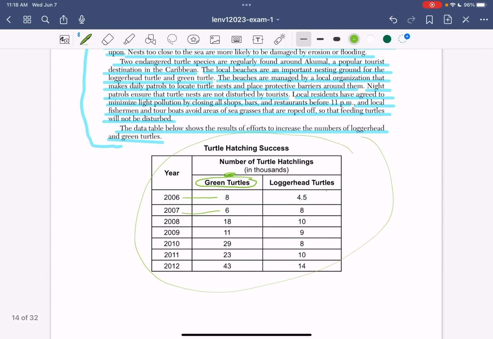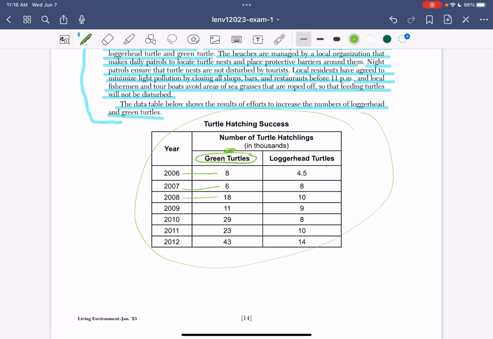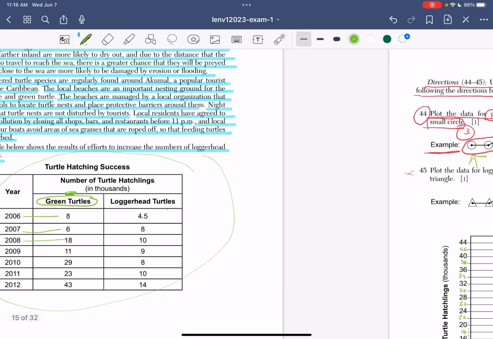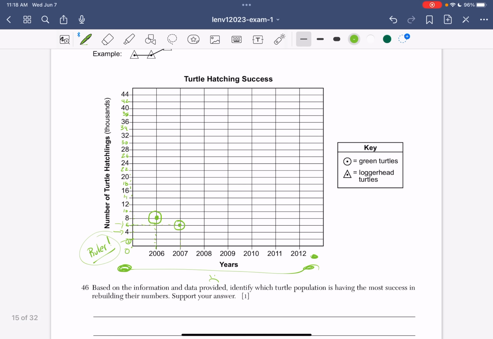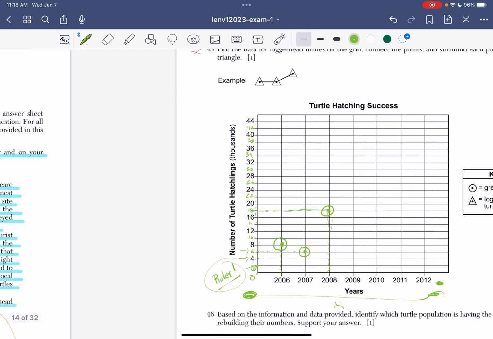It's going to get worse. 2008 is 18. Okay, 2008. Where's 18? 18 is here. So 2008 is 18. Again, what I'm doing with the pen, you're going to be doing with the ruler and a pencil. So that's 18.